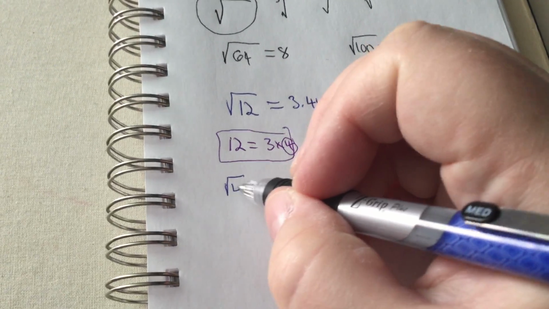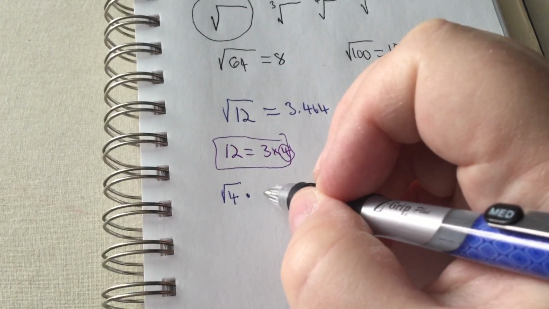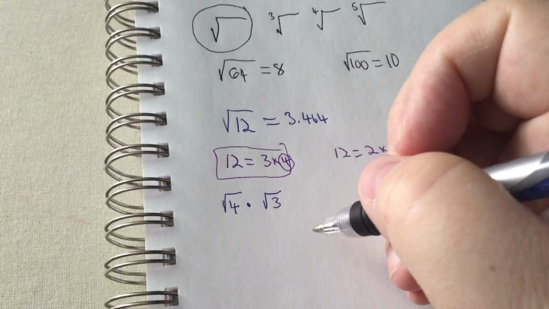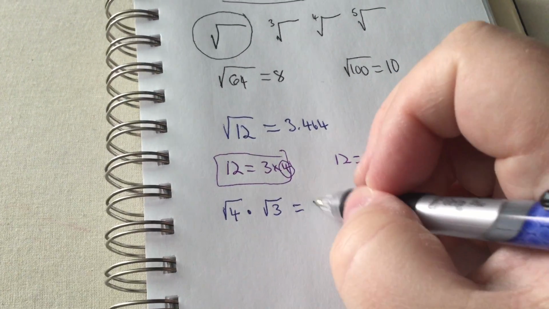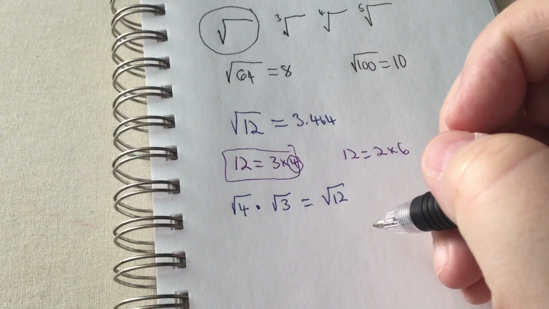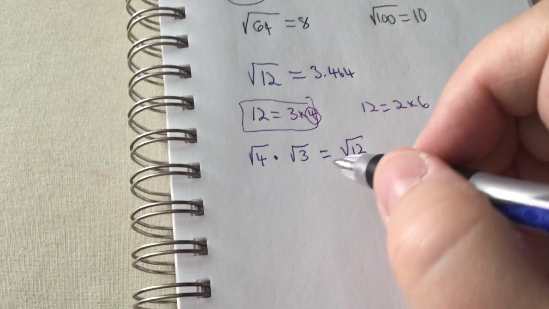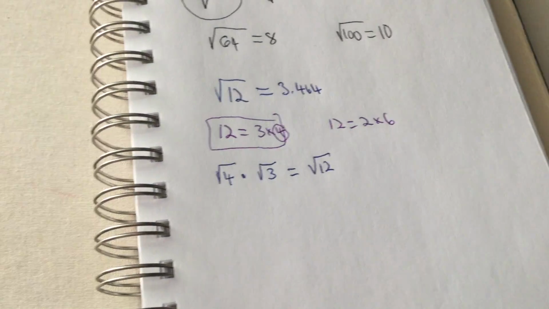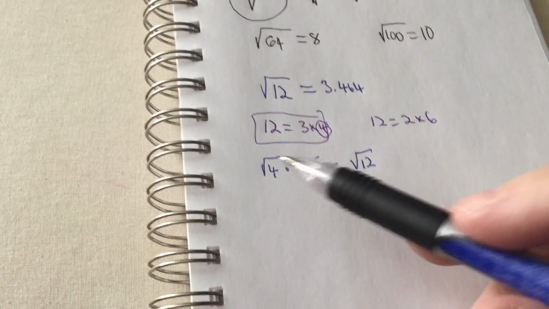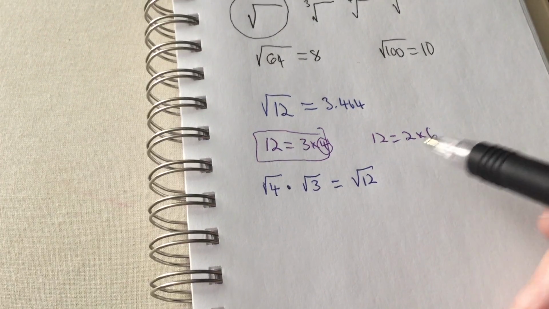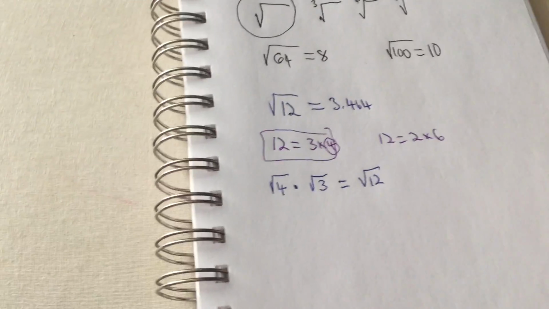So that means that I can rewrite the square root of 12 like so. The square root of 4 times the square root of 3 is equal to the square root of 12, right? And now I can divide it out like that. There's a rule that says it's okay for me to do that. And it does work. If you put this into the calculator, you will get the same number.